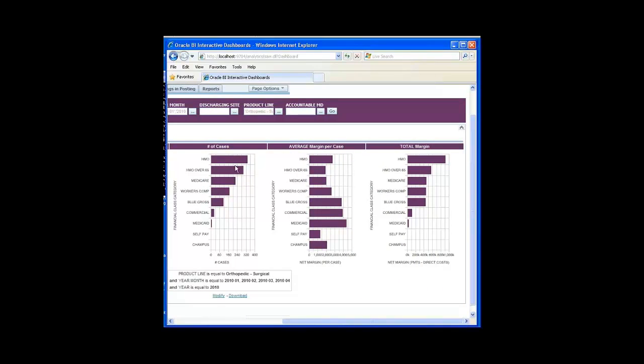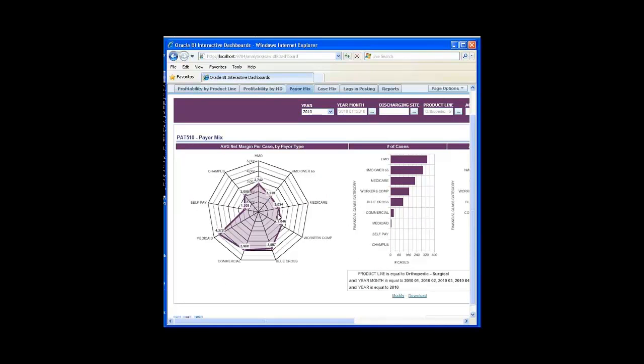And so if we scroll over to the right, we have the number of cases, the average margin per case, and then the total margin. So by far, I make the most money on my orthopedic surgical cases for HMO type patients, and I can see that they average about $2,700 per case, and I had about 336 of them for the time period in question. So that's the payer mix page.